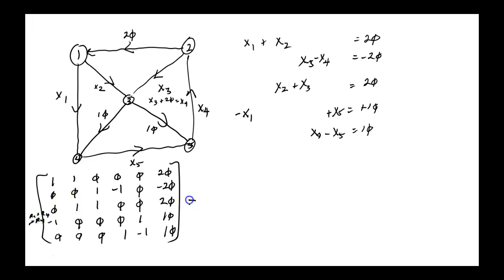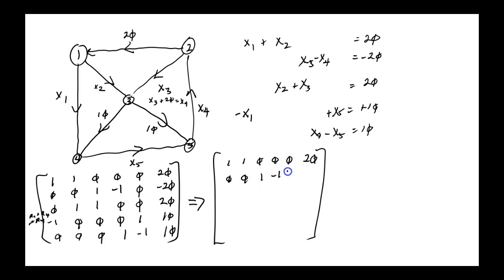Okay, so that is going to become this matrix. You're using the first row, so write it down: 1, 1, 0, 0, 0, 20. You're not messing with row 2 yet, so leave it alone: 0, 0, 1, minus 1, 0, negative 20.